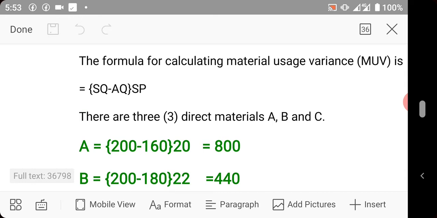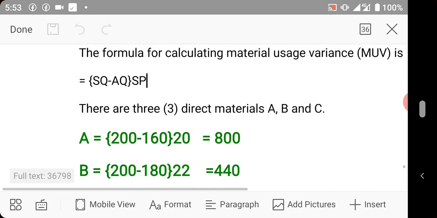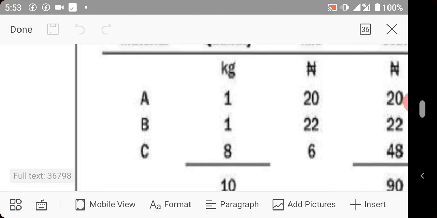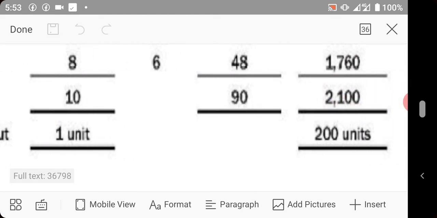And there are 3 direct materials, A, B, C. So the standard quantity will now be 1 kilo for material A times the actual finished goods.